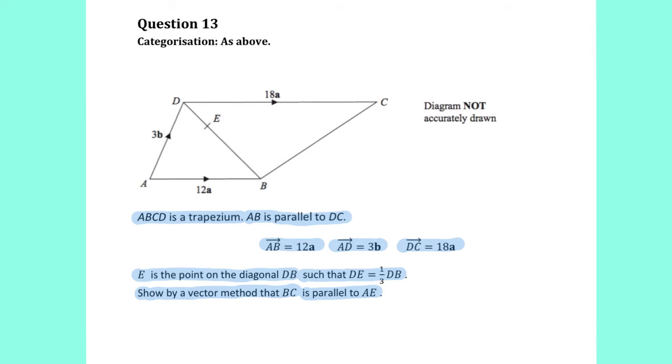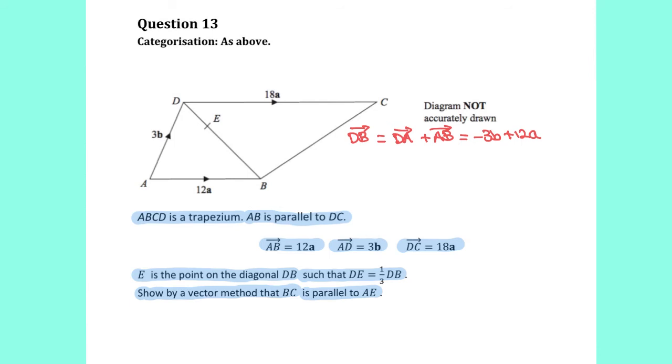In order to be parallel, BC and AE must be multiples of each other. First, find DB. So vector DB is equal to DA plus AB, which is equal to minus 3b plus 12a.